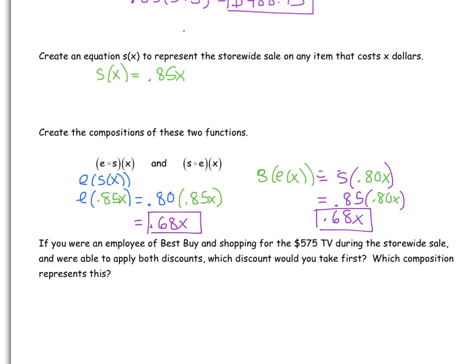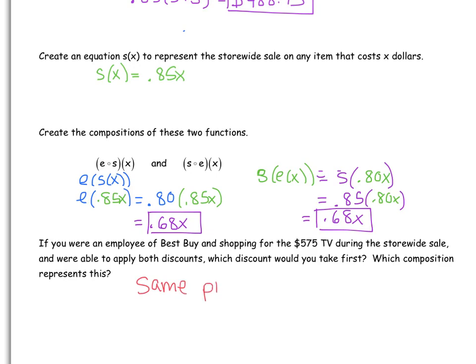Now some of you guys are questioning because you know logically it matters whether you get a discount first or if you have a coupon where you're subtracting a certain amount of money first. If we read this question, it says if you were an employee of Best Buy and shopping for a $575 TV during this store-wide sale and were able to apply both discounts, which one would you take first? The thing here is that it's the same price.